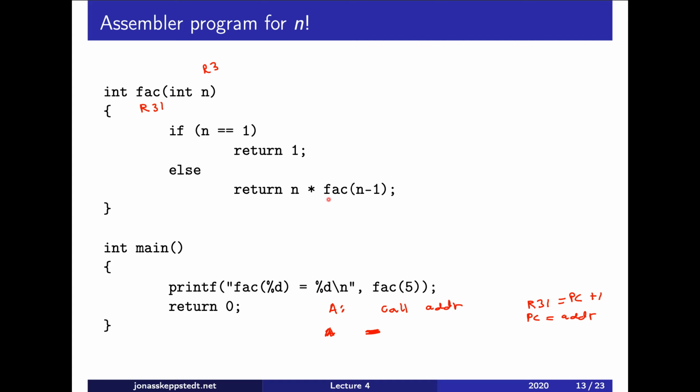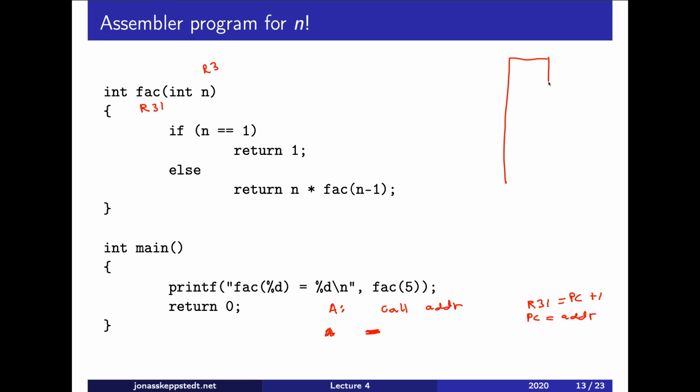When we return from this call and want to do return, then we need to use the value that we got in R31. But when we call this, we overwrite that R31. So we need to save this R31 somewhere, and also we need to save this parameter somewhere. That's what we have the stack for.